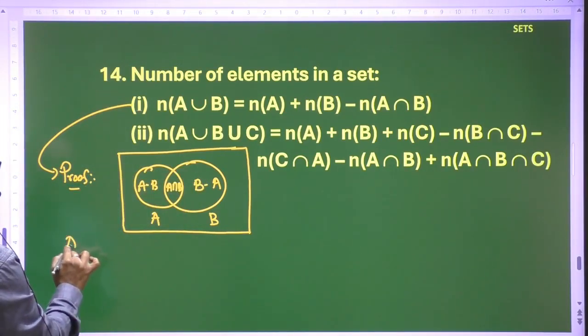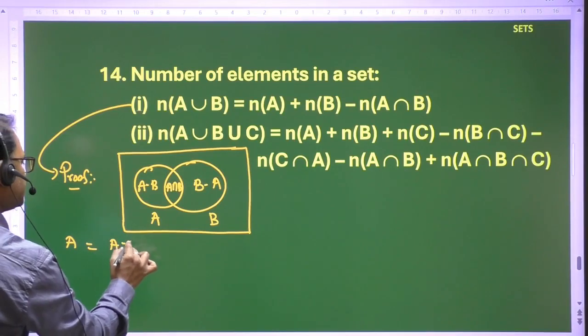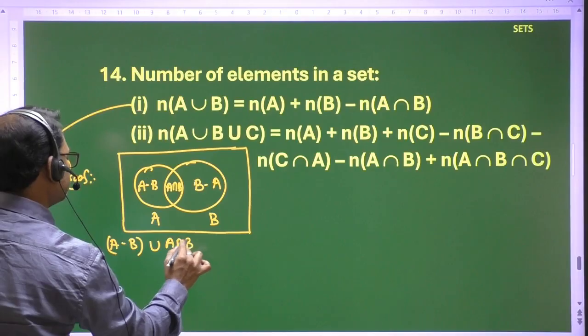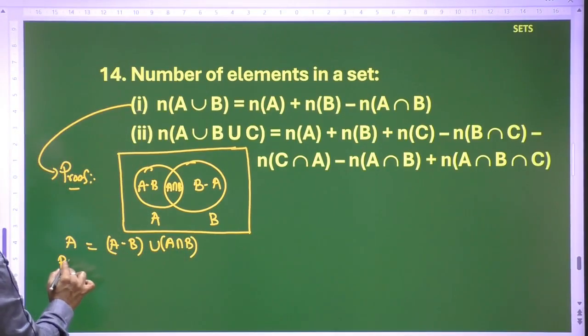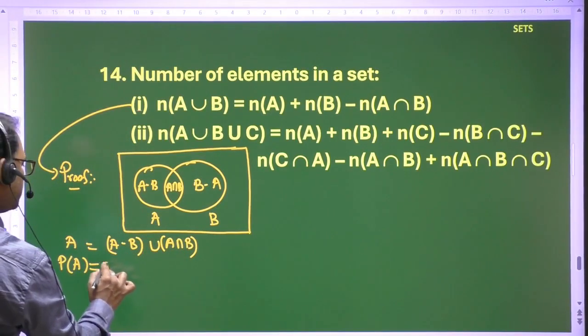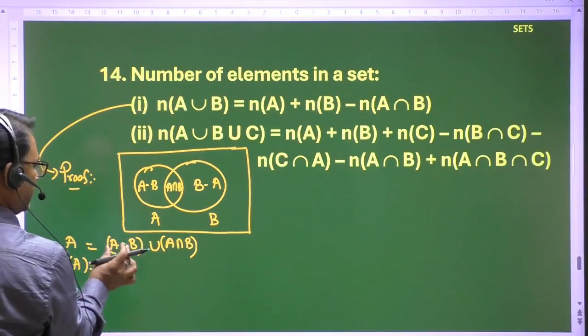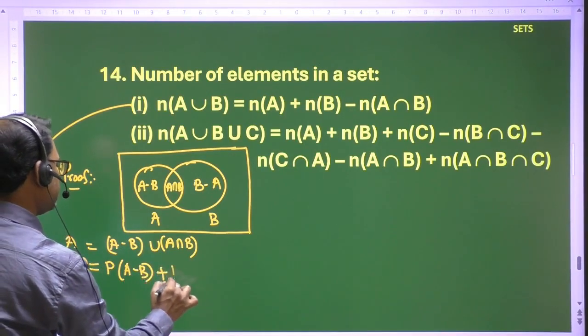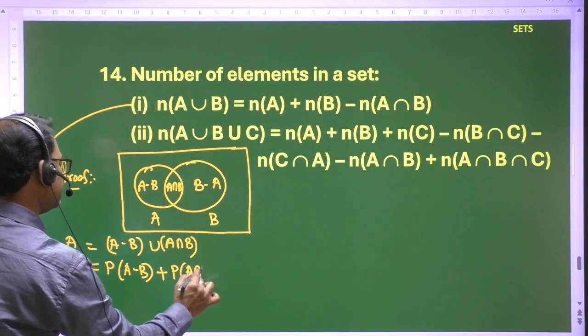So the set A I can write as (A minus B) union (A intersection B). Therefore the number of elements in A should be equal to the number in A minus B plus the number in A intersection B. Yes or no?